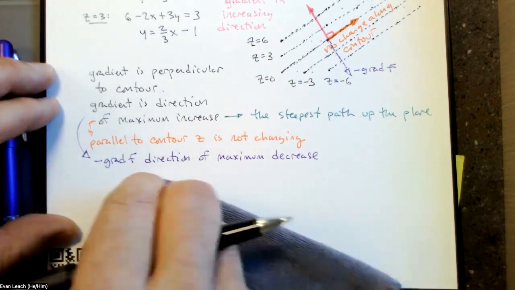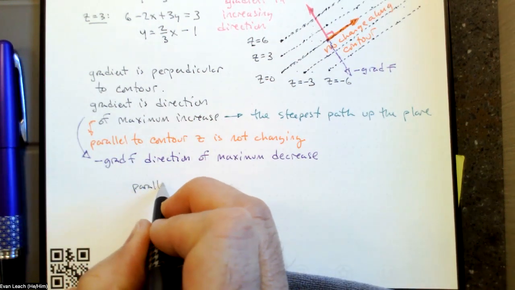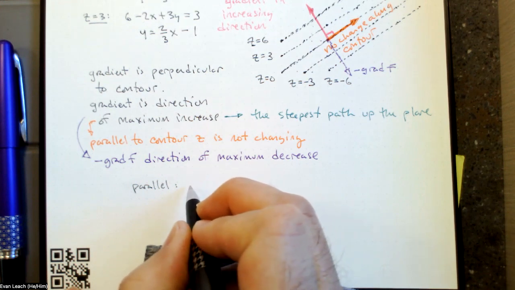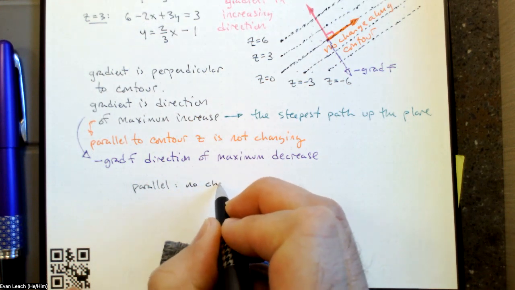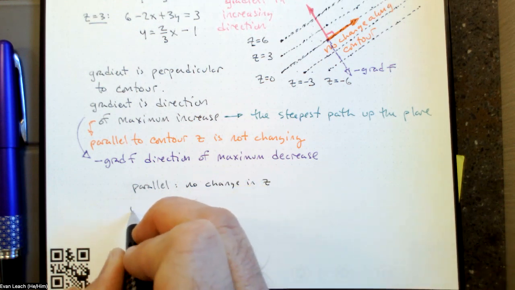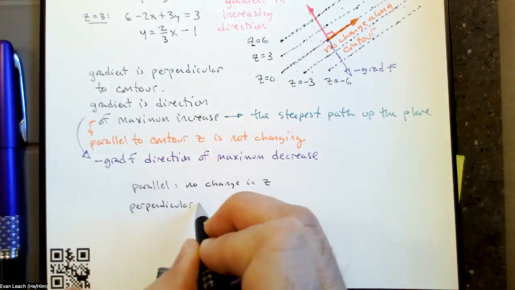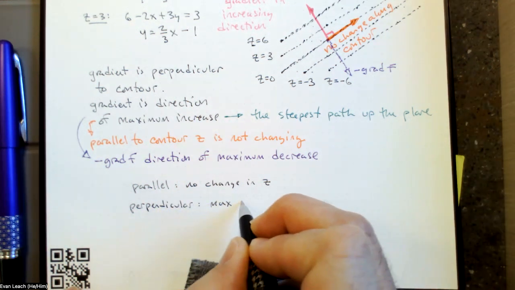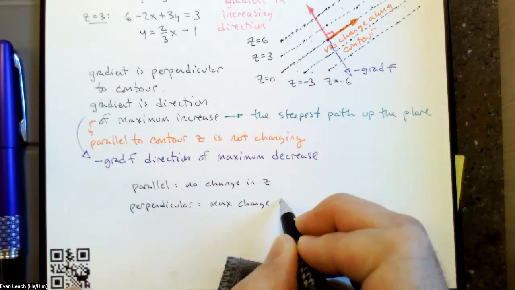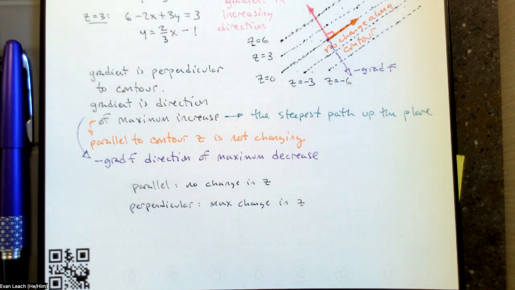So parallel, no change. Perpendicular, max. If we go in the direction of the gradient, that's going to be our maximum change.